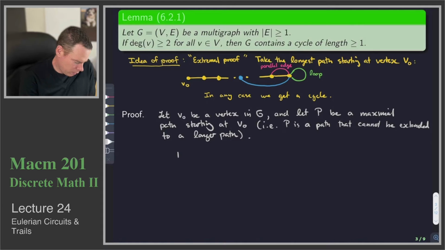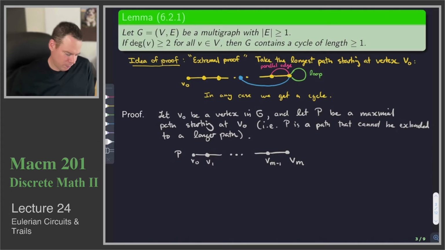So we can draw what that path P looks like. Here's our picture. So we've got V0, say V1, and so on, out to, let's say, Vm minus 1, and then Vm.